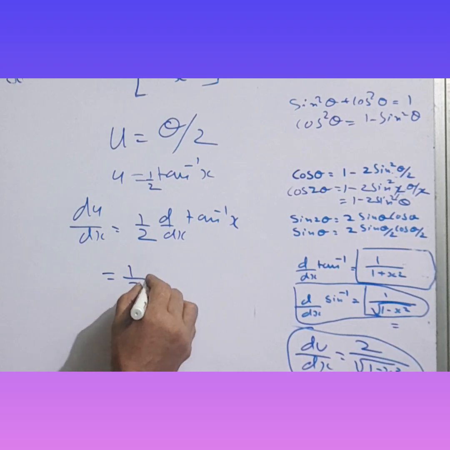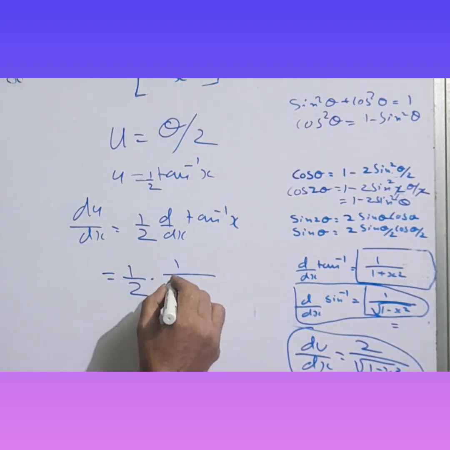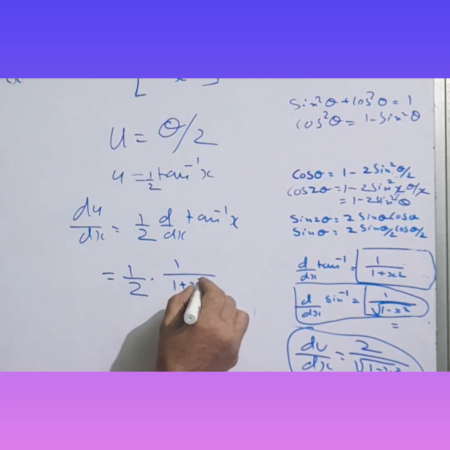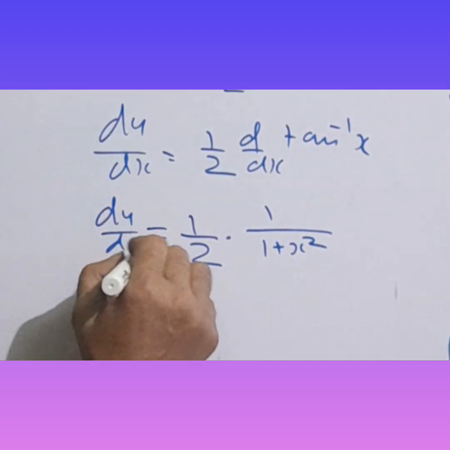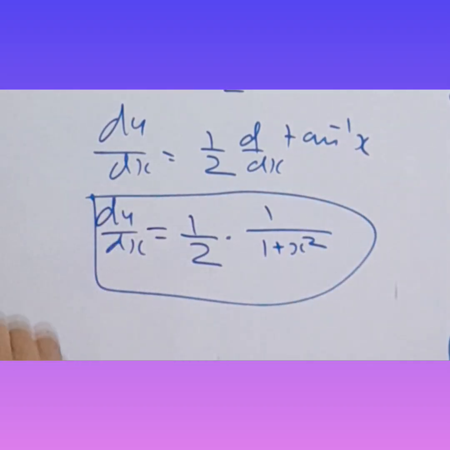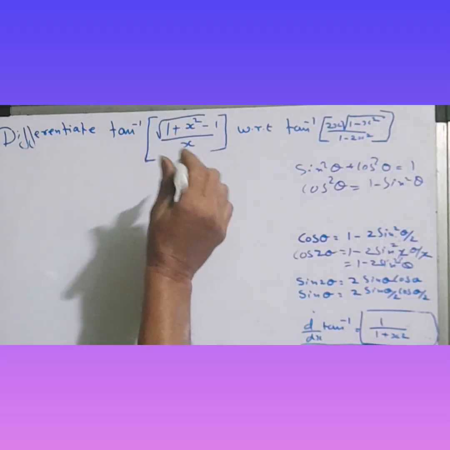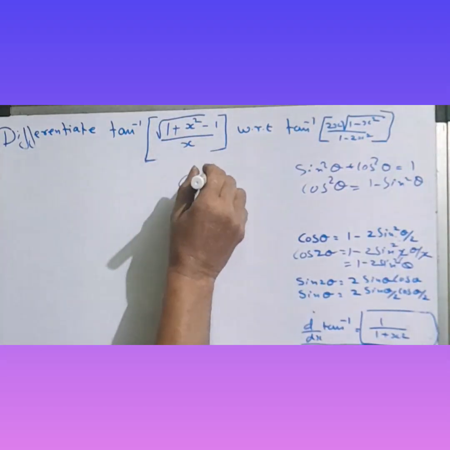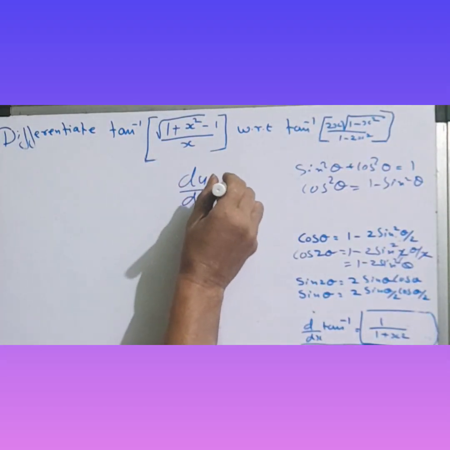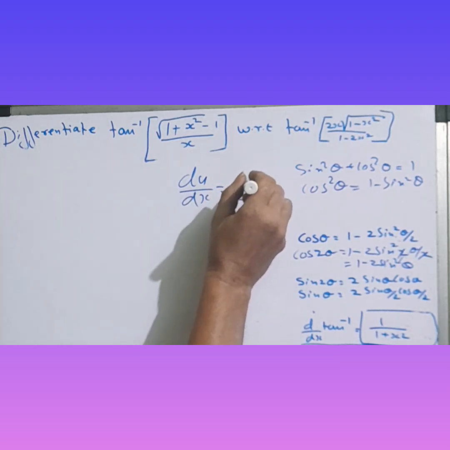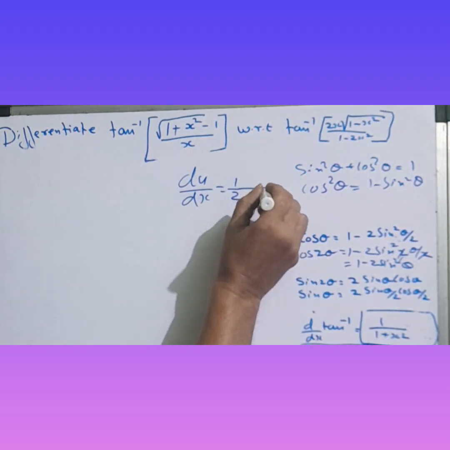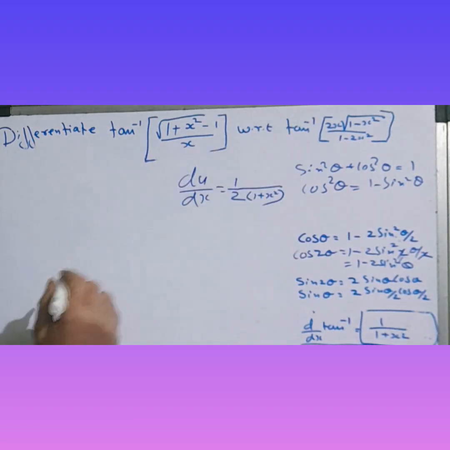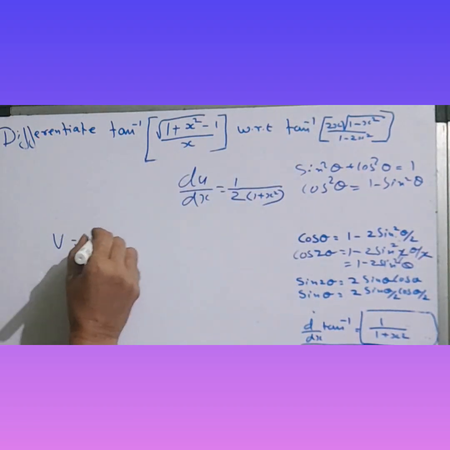So it is 1 upon 2 into 1 upon 1 plus x square. So this is what is our du by dx. Alright, now let's proceed for v.